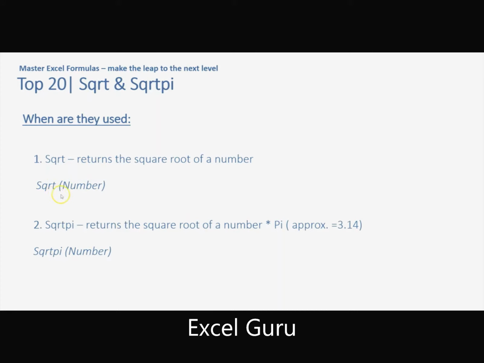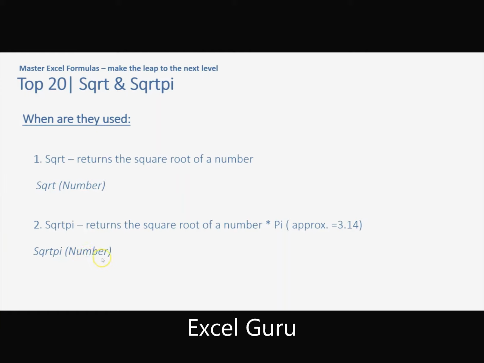The structure is you purely have to type in the formula and then enter a number inside the brackets, whereas SQRTPI does return the square root of a number, but before giving you the final outcome, it actually multiplies it by pi. The approximate value of pi is 3.14. The structure is the same as SQRT.